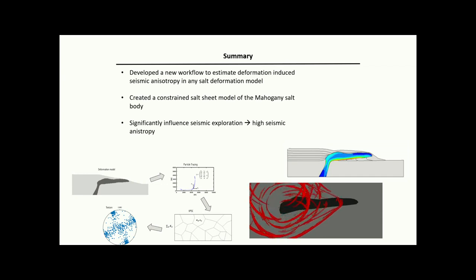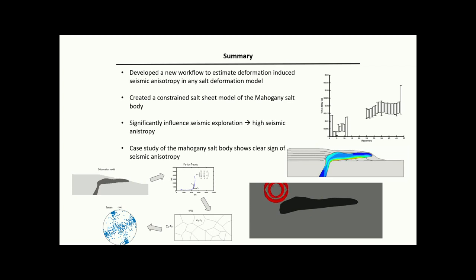We see quite a high influence on seismic waves, about 5% in P waves and 10% in S waves, which would certainly be enough to significantly distort seismic images in the subsurface. We also see that our synthetics matched quite nicely with what we see in the VSP dataset. And we showed at the very beginning of the talk that in the Mahogany salt body we measure quite clear seismic anisotropy.